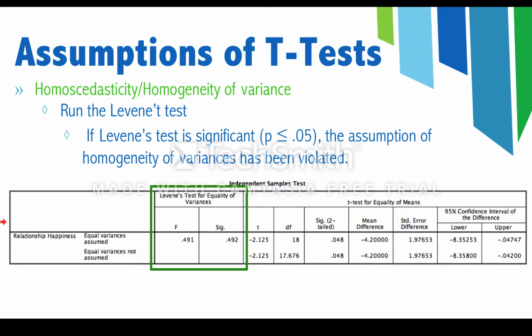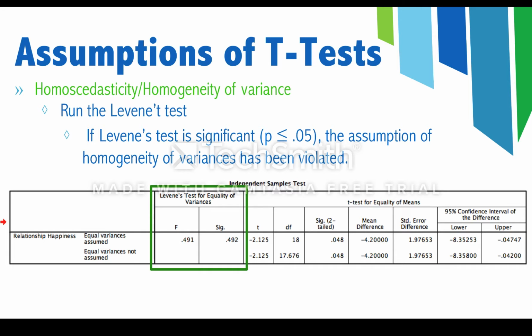All you need to know is that if Levene's test is significant at p less than 0.05, then you conclude that your null hypothesis is incorrect and that the variances are significantly different. Therefore, your assumption of homogeneity of variances has been violated.